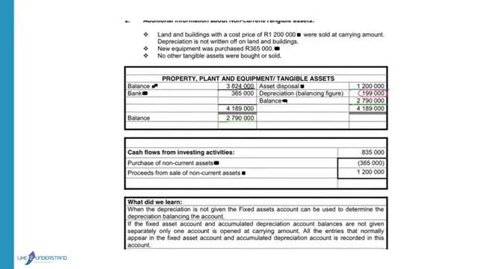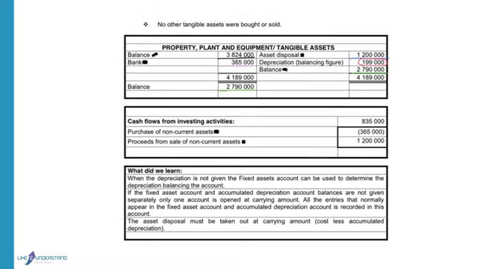So if we look at the cash flow statement, we bought new equipment for 365,000 rand. So that caused an outflow of money under investing activities. Investing is how you spend your money. Then we also sold fixed assets for 1.2 million.